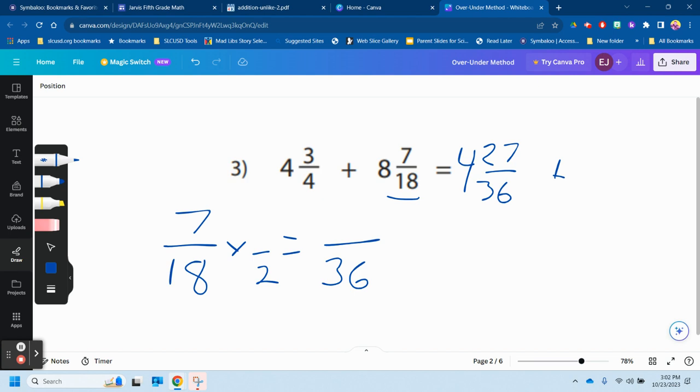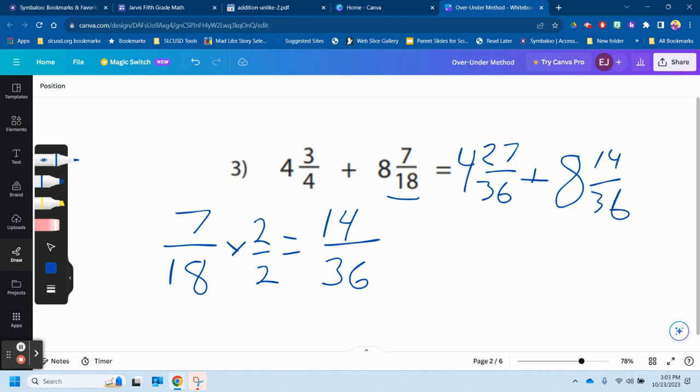So if I multiply the denominator by 2, I also multiply the numerator by 2. 2 halves is 1. If I multiply something by 1, I don't change its value. So 14/36.